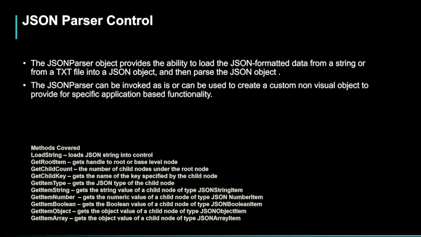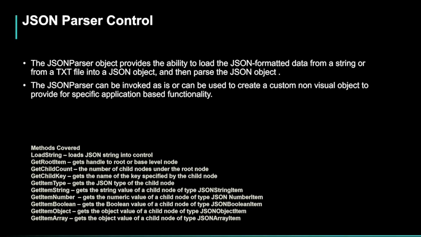So the JSON parser control, again, it gives you the ability to load JSON formatted data and then parse through that data to retrieve information, which could then be loaded into a data window.